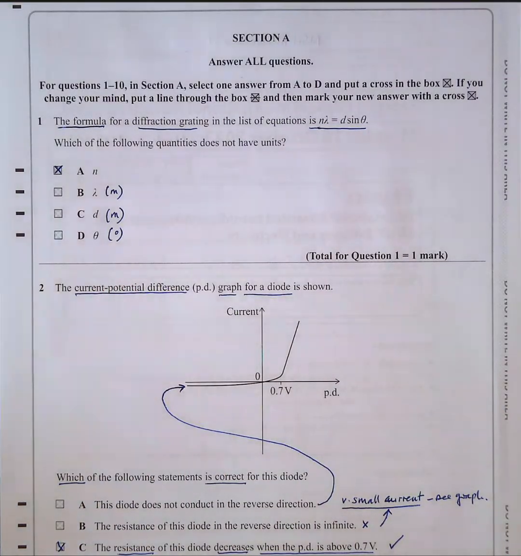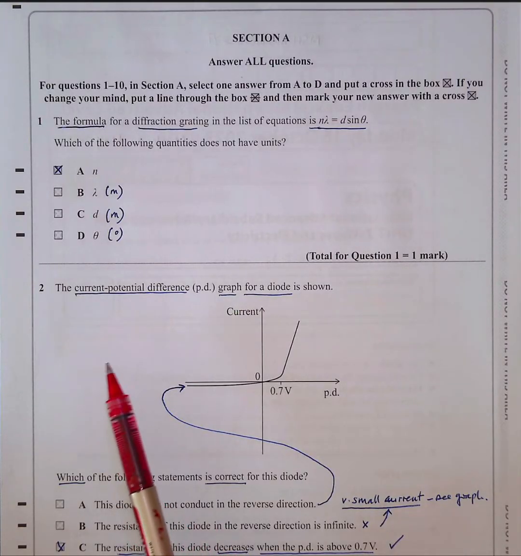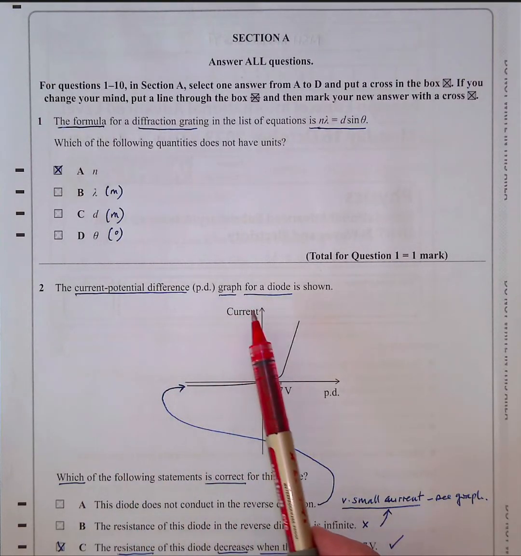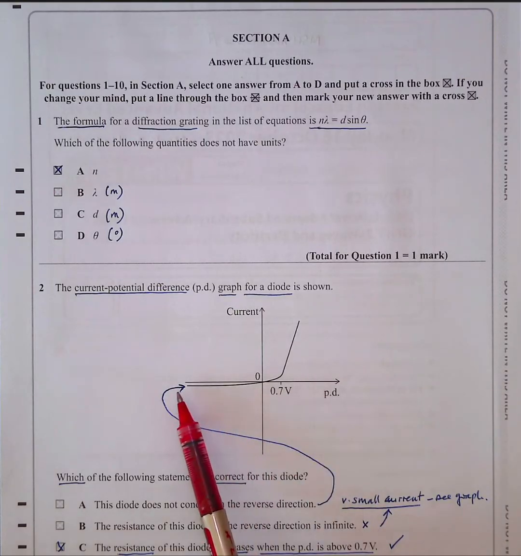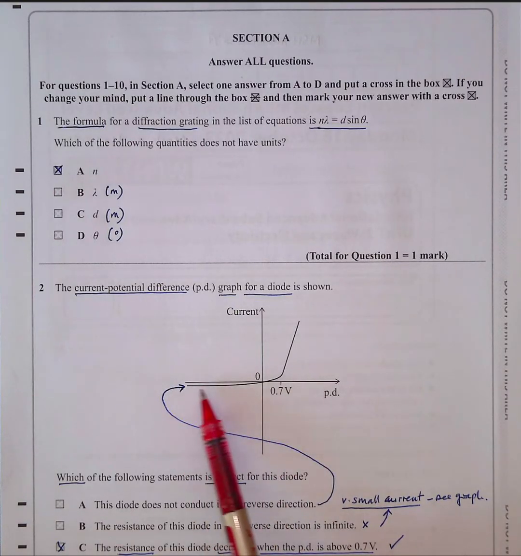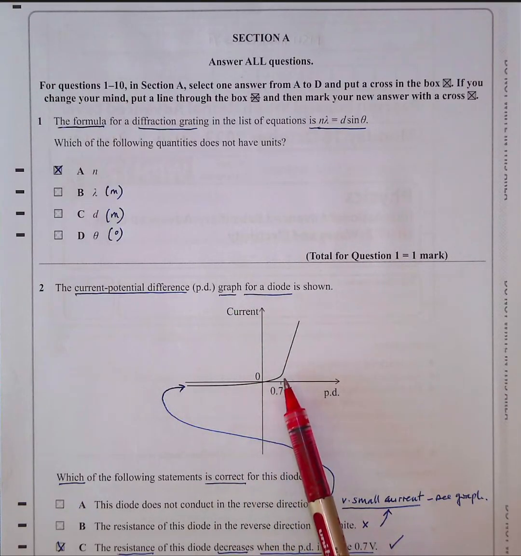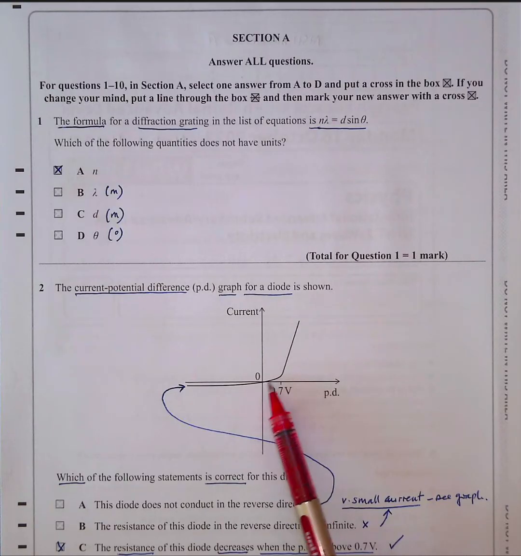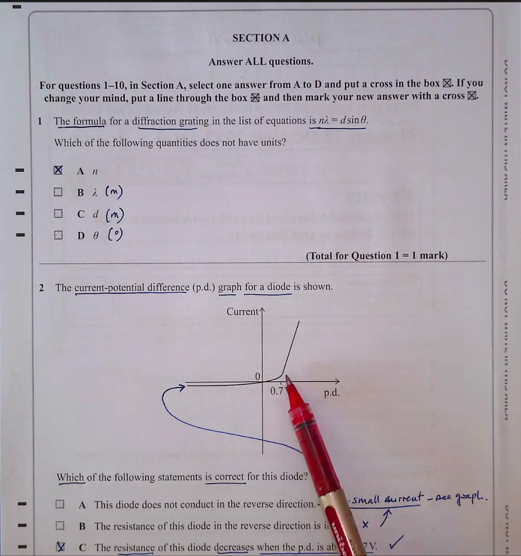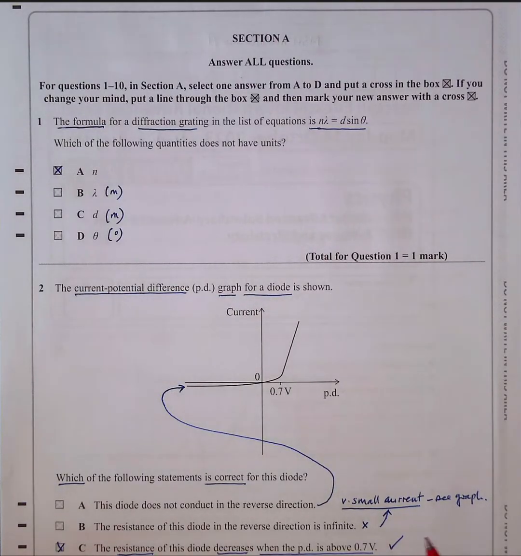Okay. So question 2 shows a current-potential difference graph for a diode. You can see that on the negative bias there's a very slight current in the negative direction, and then the typical shape of the graph is that it starts increasing at around 0.6 to 0.7 volts in this case.